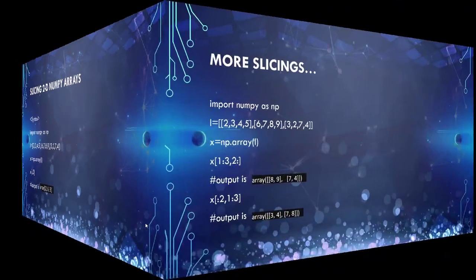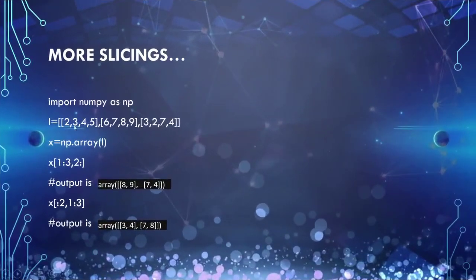Let's see some more slicings, it will become more and more clear. Here on the left side of the comma it is written 1:3. What does this mean? Starting from 1 and 2, it will go till 3 minus 1, that is 2. So I have to refer to row 1 and row 2. If you remember, this is row 0, so I am referring to this row and this row, and columns from 2 onwards till the end, everything.